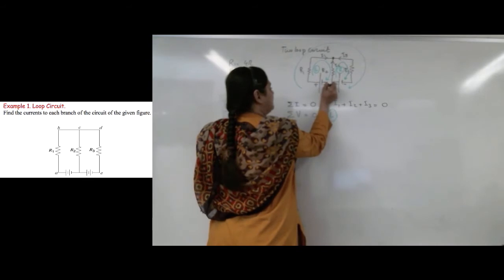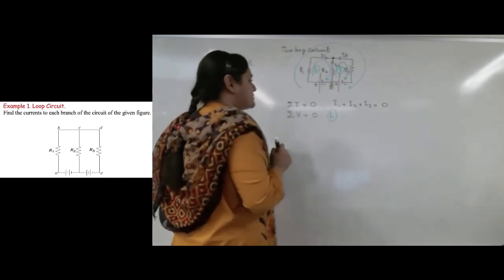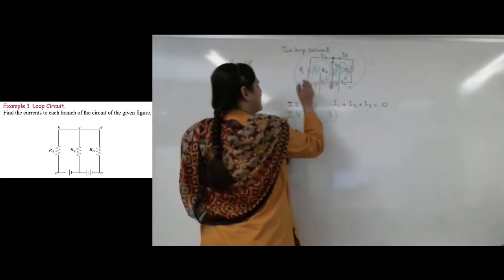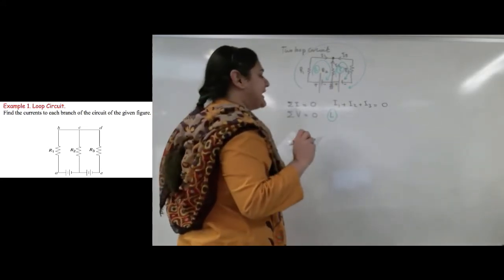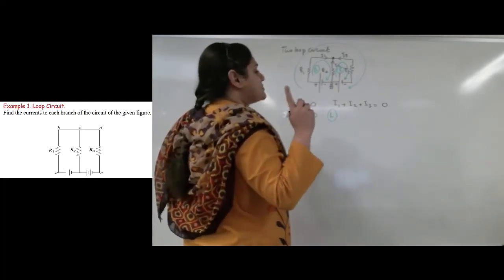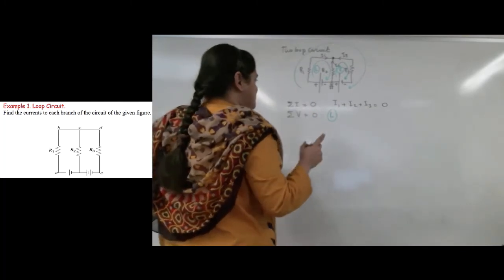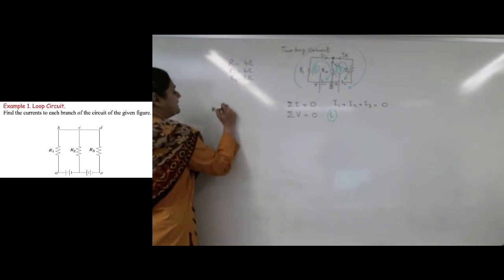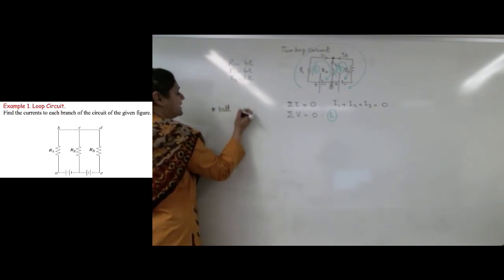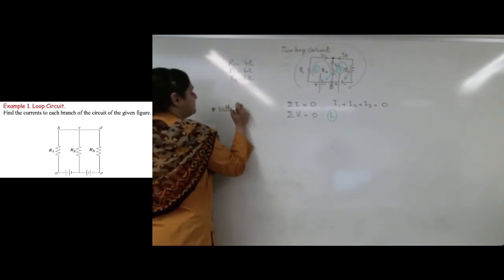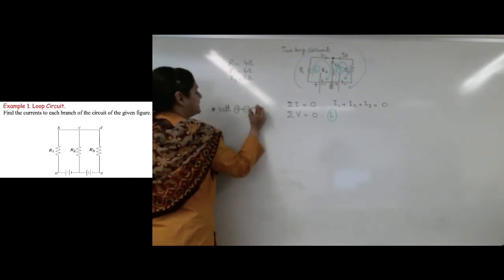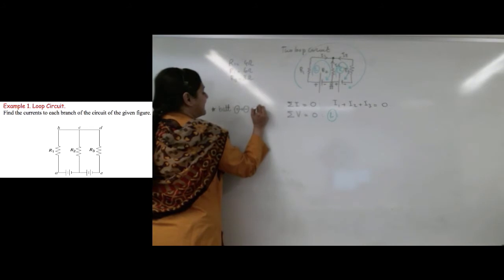So I draw my person here that is going to start walking, okay? This person walks that way. It is going to encounter batteries and it is also going to encounter resistances. So here I'm going to make a note for myself: when my person encounters a battery, if it goes from the positive to the negative terminal of the battery, it is going to be negative.